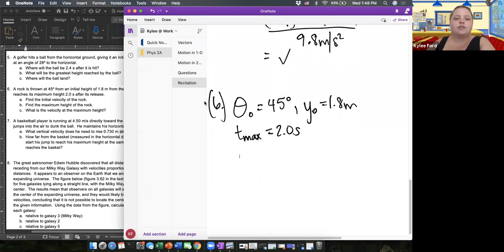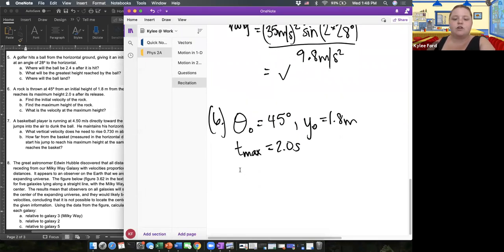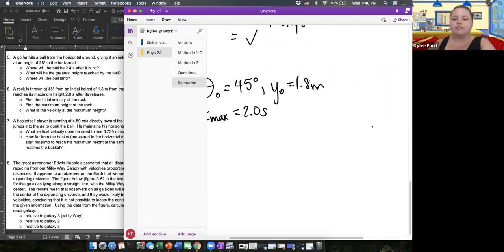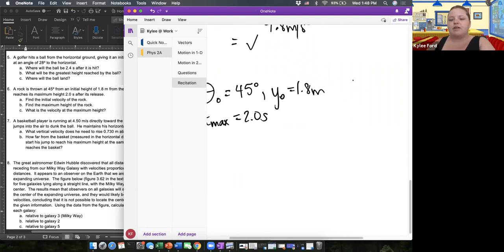So let me draw this because it's always better to have a visual. We are at some height of 1.8 meters, and this thing is thrown.